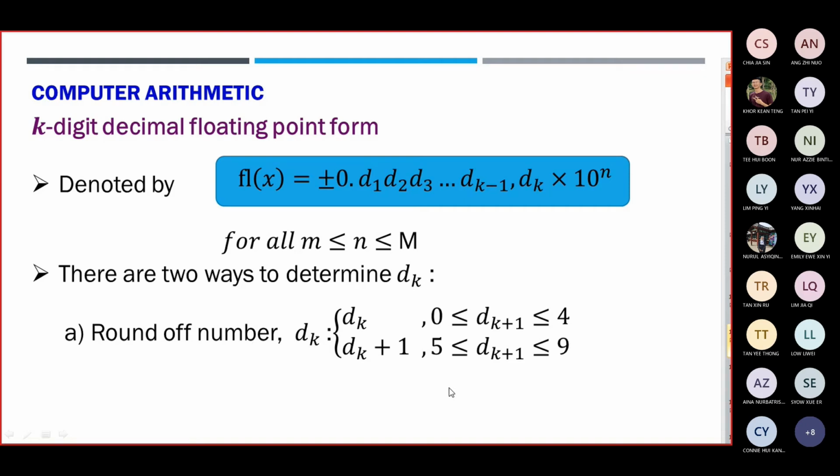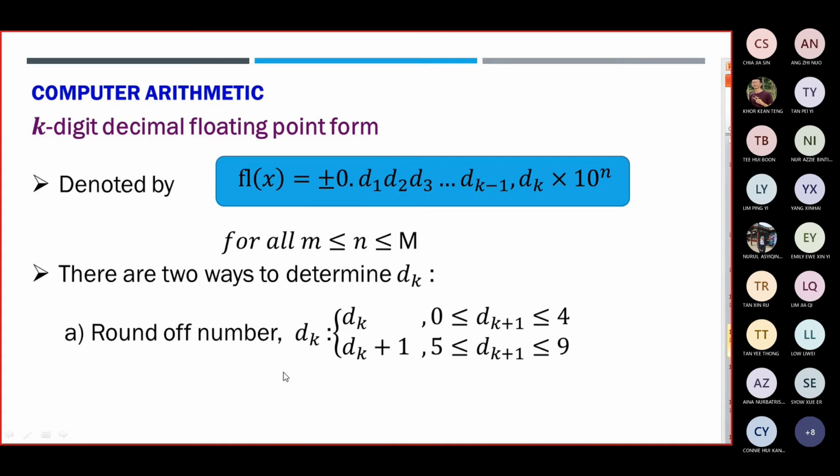Now, the rounding of numbers is usually expressed in two forms. We split into two categories: the digit after the decimal point that falls between 0 to 4, where the computer will read the nearest number below, and the digit from 5 to 9, where it will read the greater number closer to that point.